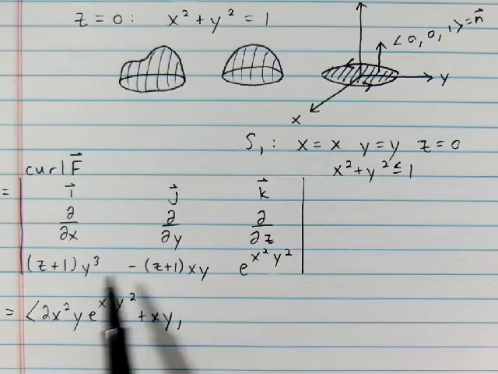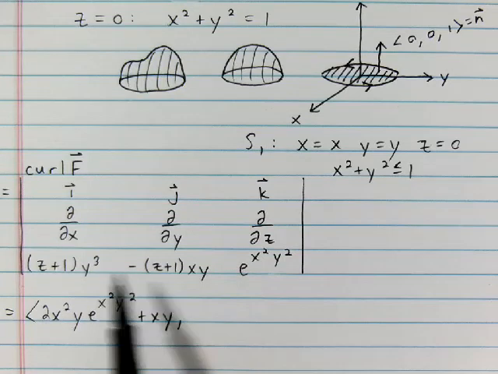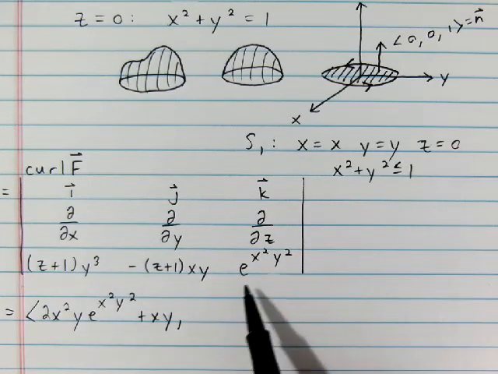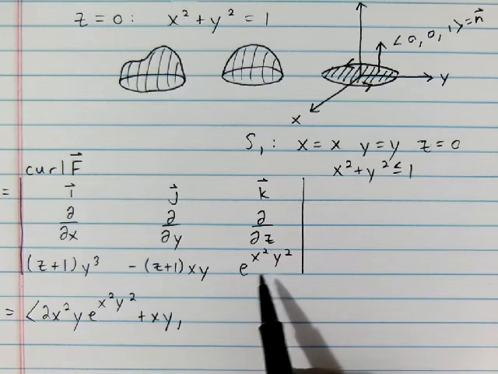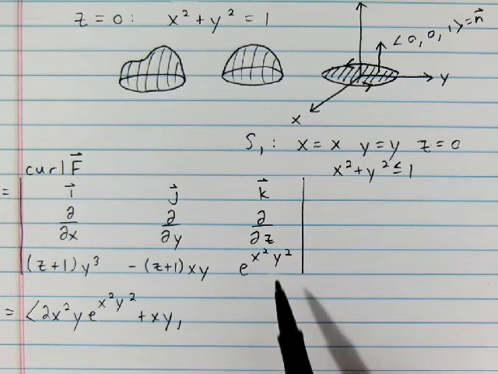And then the partial of this with respect to x minus the partial of this with respect to z, and take the negative of all of that. So that gives us 2xy squared e to the x squared y squared.